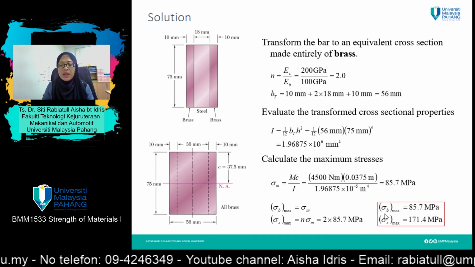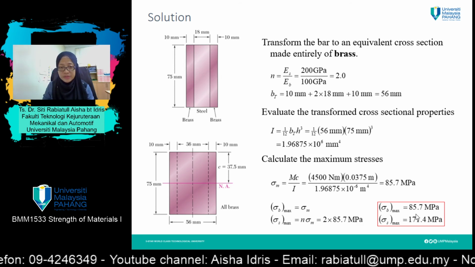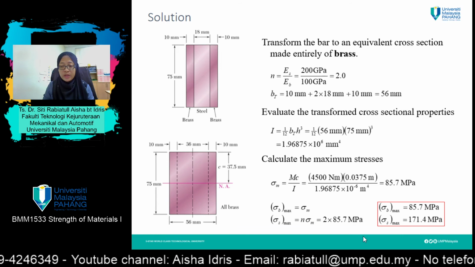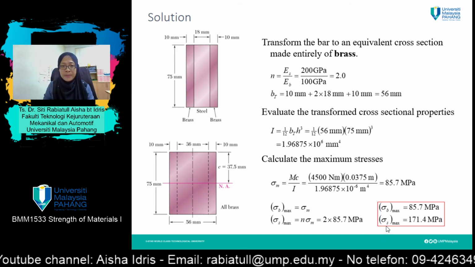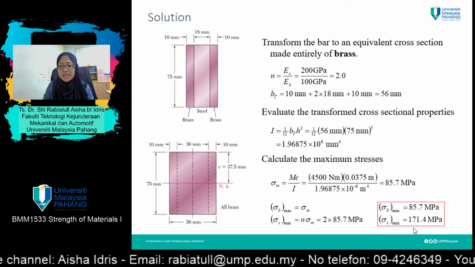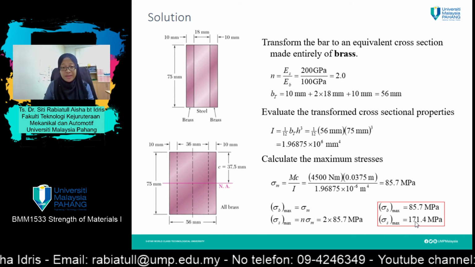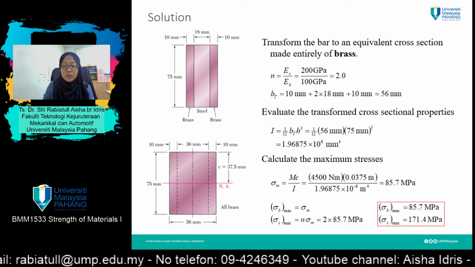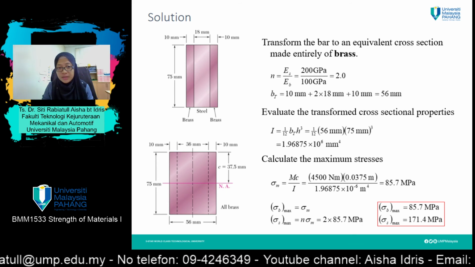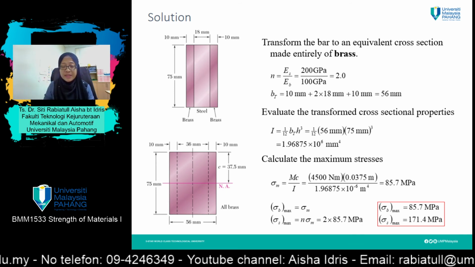So from there you get sigma maximum for brass is 85.7 megapascal, whereas sigma maximum for steel equals 171.4 megapascal. Well, that's how to calculate questions on design with different types of materials.